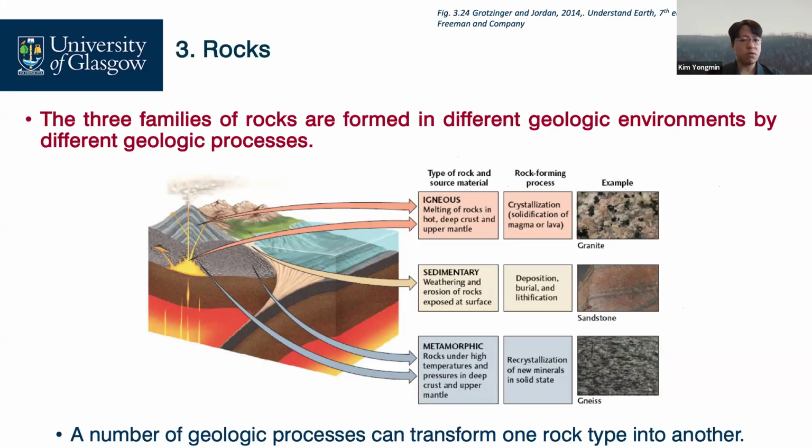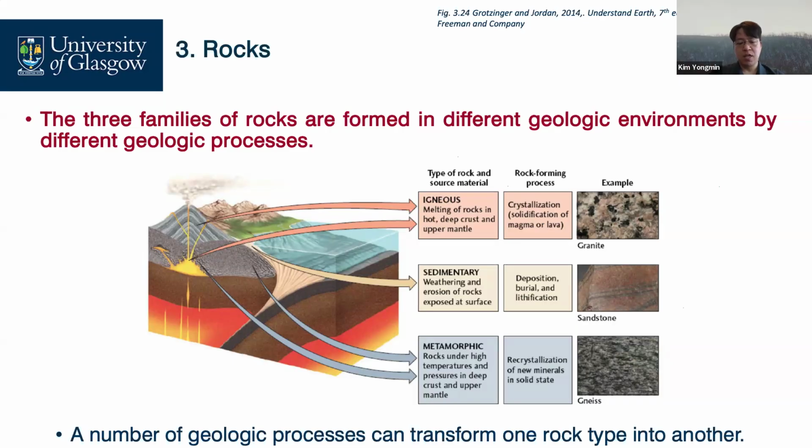In general, rocks are classified into 3 groups: igneous, sedimentary, and metamorphic rock, based on the Earth's processes. This Earth process forms 3 different rocks. These 3 families of rocks are formed in different geological environments by different geological processes.